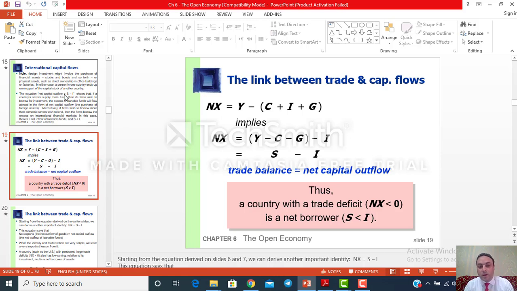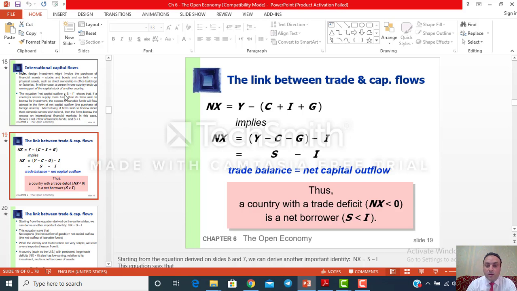So when rearranging the output equation, net exports equal the output minus the total spending, which also equals output minus consumption minus government spending, which is the same meaning as savings, as Y is the total income.